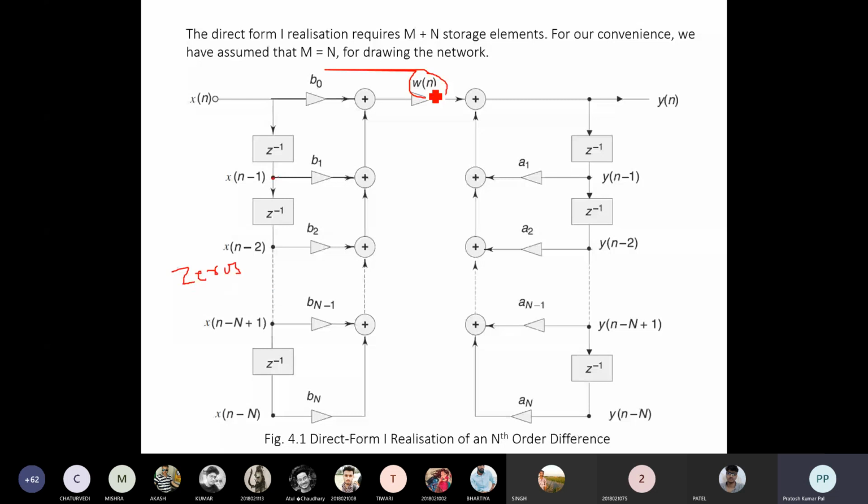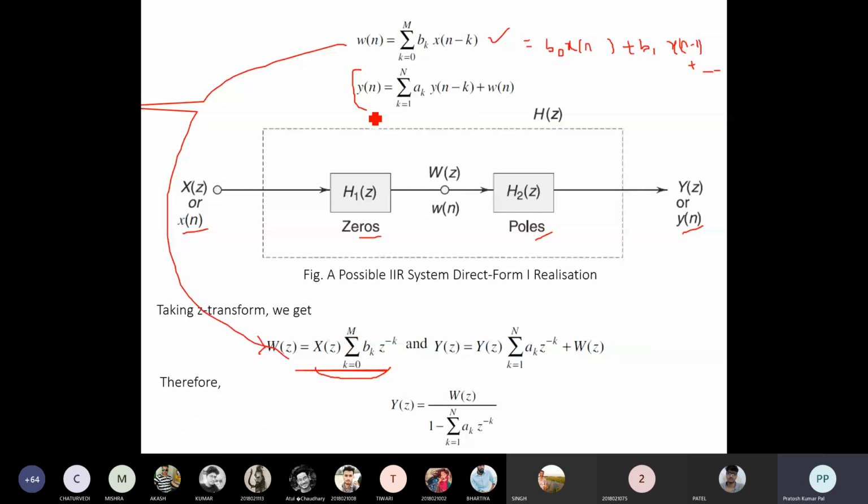So once we have obtained w of n, we will be representing the second term now. Here y of n, the output, will be in terms of w of n as an input, and y of n minus k will also be an input.